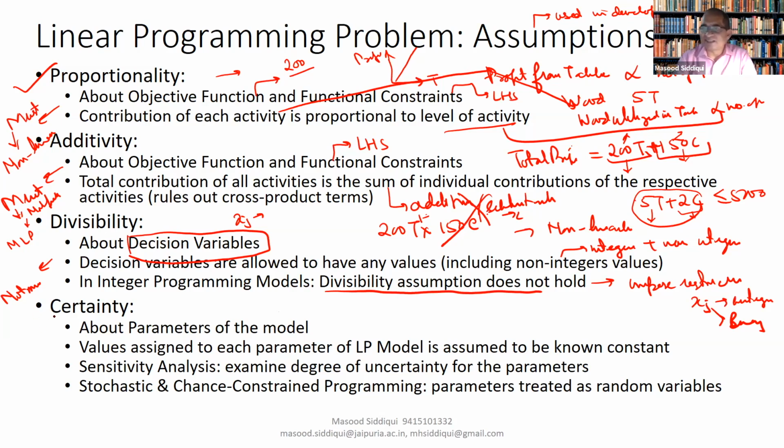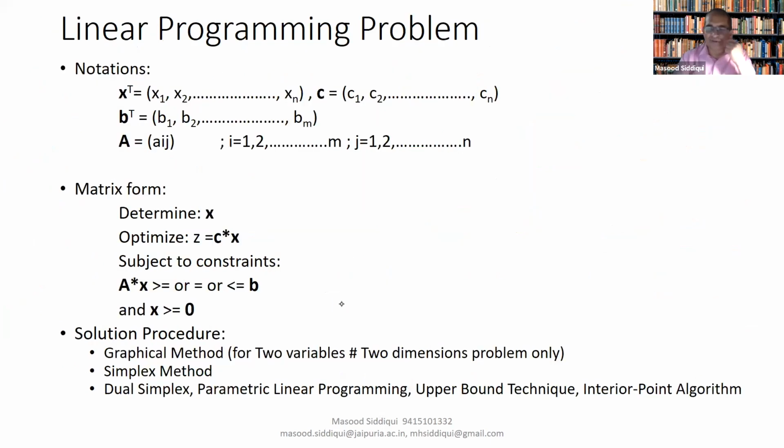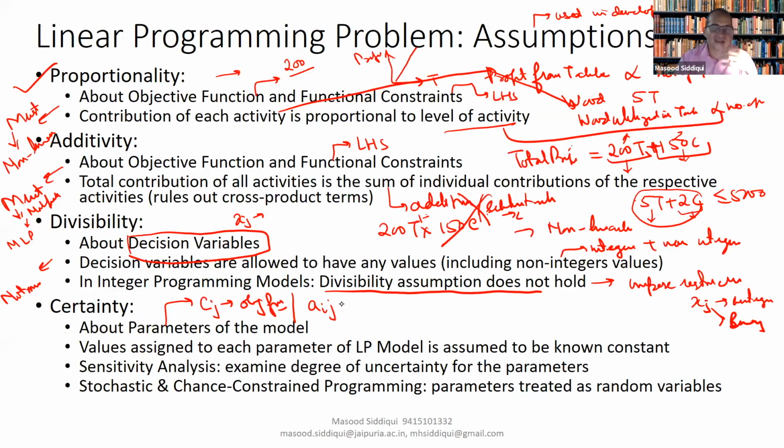Now the last assumption is related to certainty. It is related to the parameters that are used in the model. In the model, we use parameters: the Cjs, which are the objective function coefficients, like the profit amounts in our case. Then we have the input-output coefficients, the Aijs, that we have used for the different constraints, like for wood, paint, labor, etc. And the third and last are the limitations imposed on our functional constraints, the Bis.